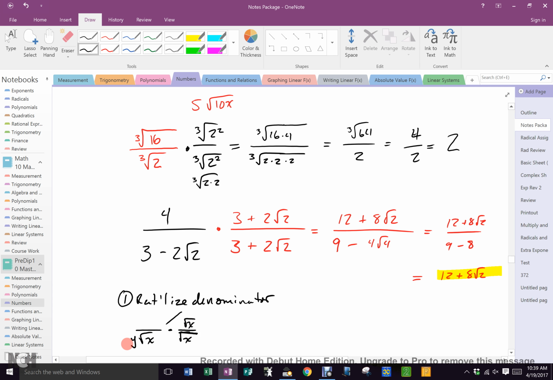That's the one way to rationalize. Everybody good? If it's the other way, if it's over y root x plus a, then I got to multiply by what? Y root x minus a. And what do we call that fancy new term we just learned? The conjugate.